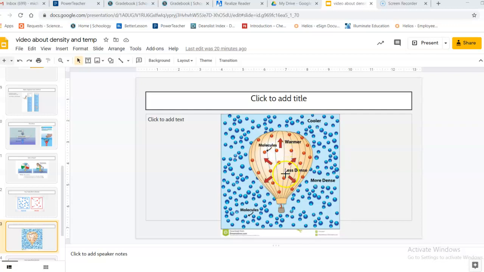And when they take up more space, they become less dense than the cooler air outside. Because they become less dense, they float because everything around them is more dense. That's the idea behind the hot air balloon, and that's the idea behind convection and convection currents when you begin to study them.